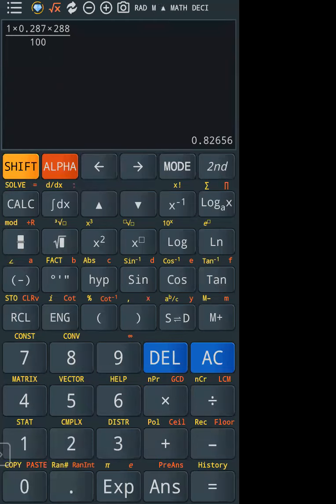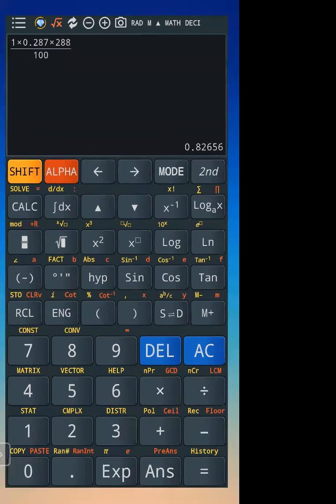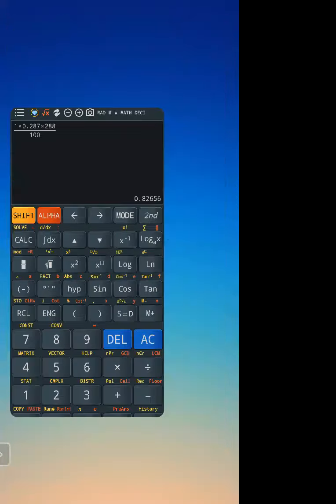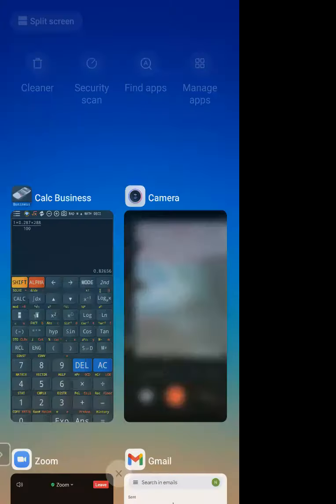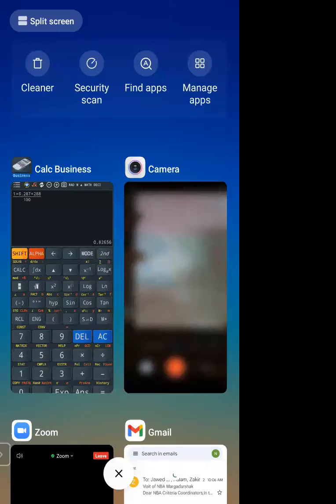Is that okay with all of you? Let me know. So what value of volume are we getting? We are getting 0.8266 meter cube per kg. This is nothing but your volume, the volume for 1 kg of mass, in meter cube.